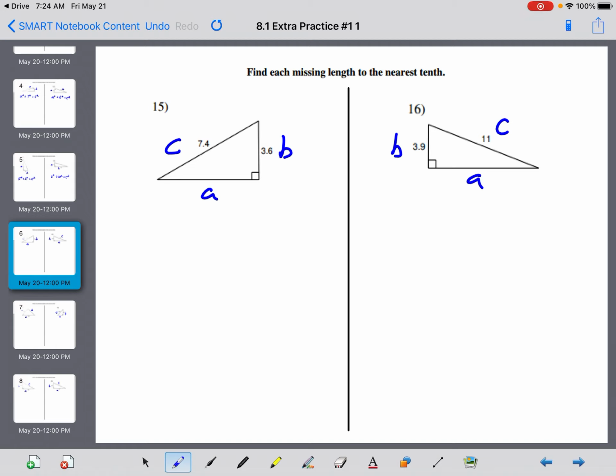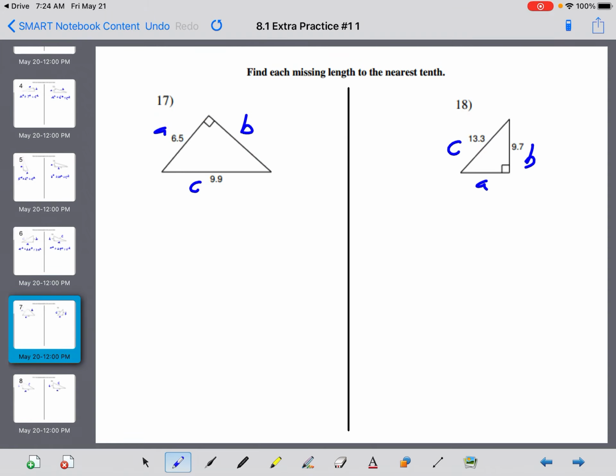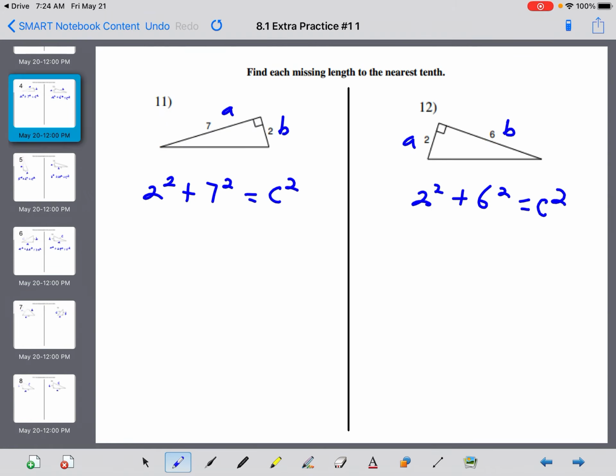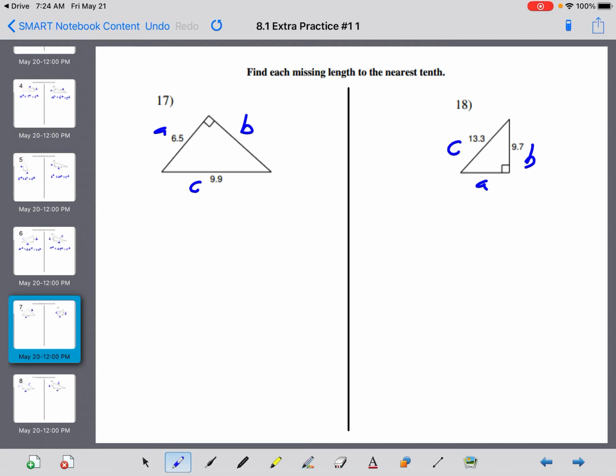And this time we're looking for a. So we have a squared plus 3.6 squared equals 7.4 squared. Same thing here. We're looking for a: a squared plus 3.9 squared equals 11 squared. Okay, here we have 6.5 squared plus b squared equals 9.9 squared.